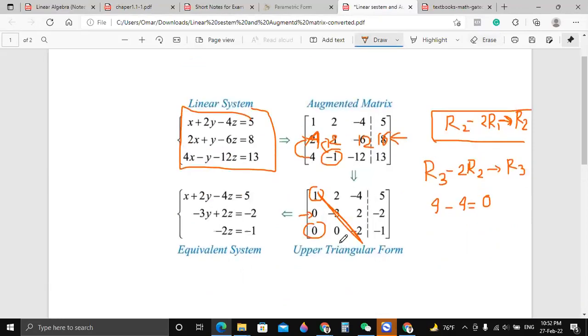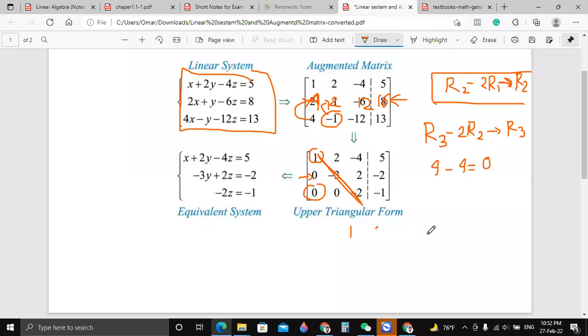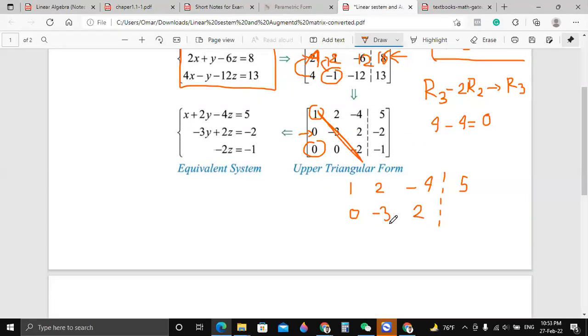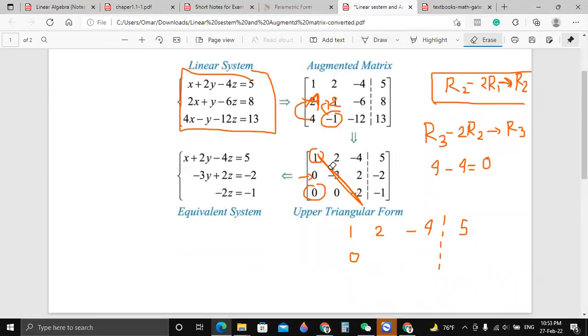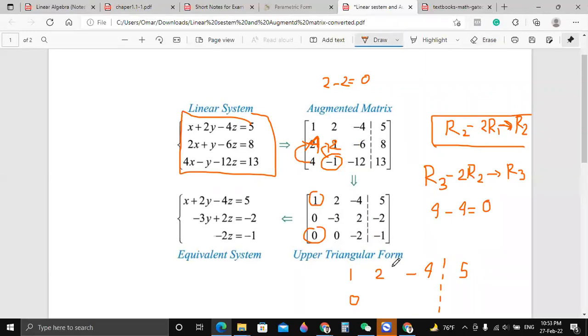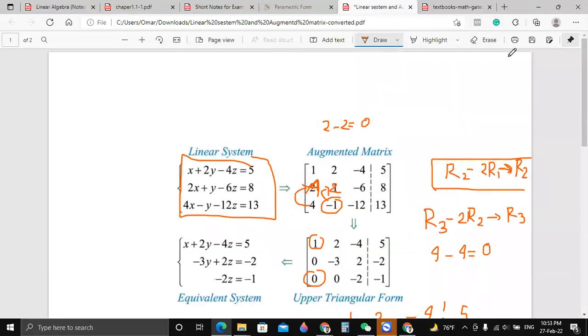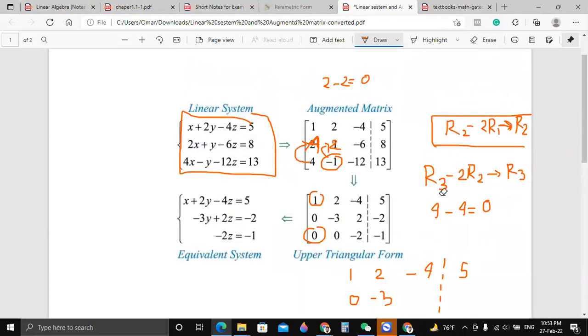Like we had 2, minus 4, then 0, minus 3, 2. Okay, here we had 5. This was not 0 minus 2, this was minus 3, sorry.